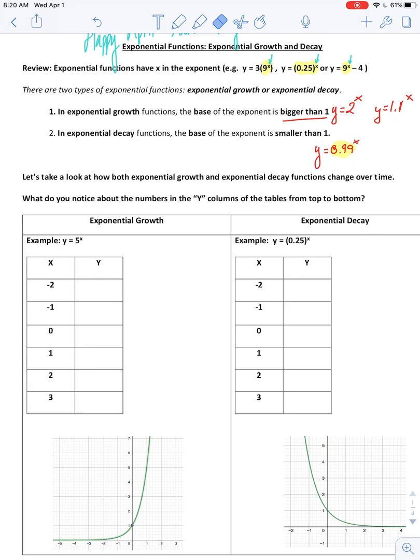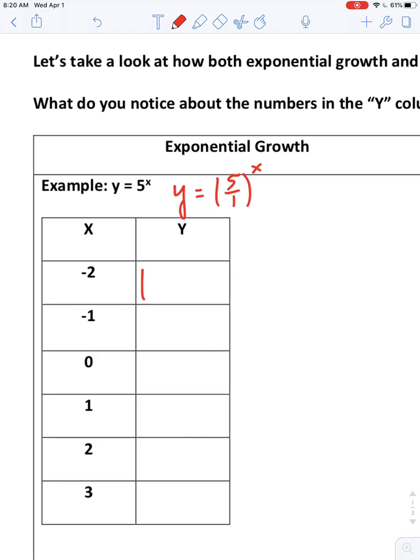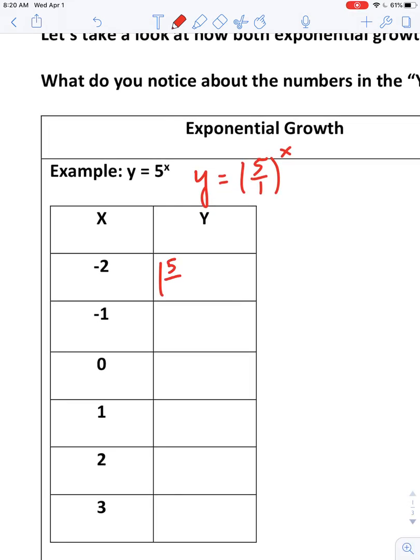And we're going to look at the two exponential functions on the bottom of this page. I've got exponential growth, exponential decay. So if I take y equals 5 to the x, well, this is just like saying y equals 5 over 1 to the x.